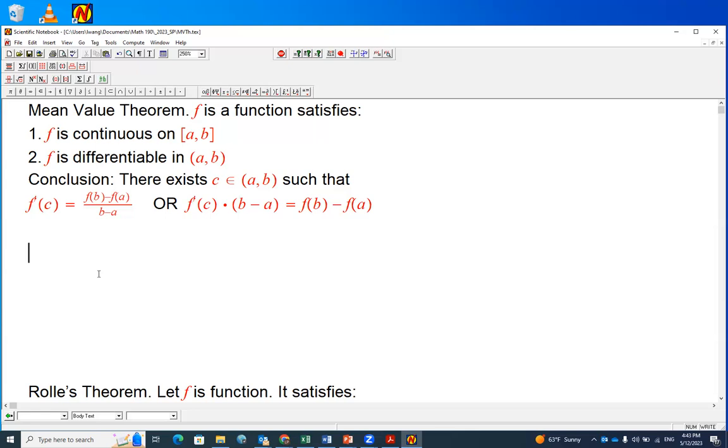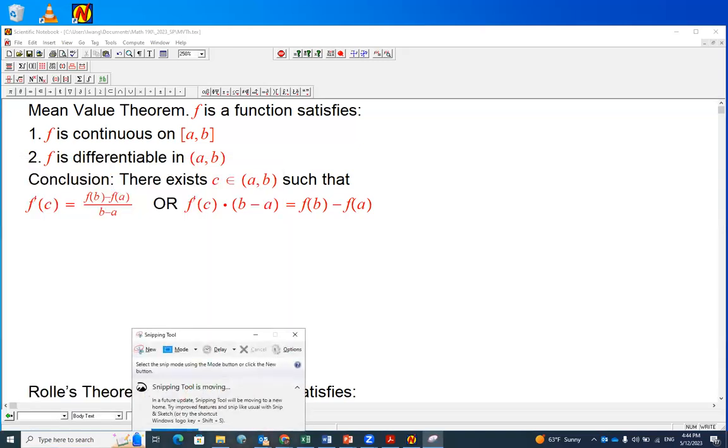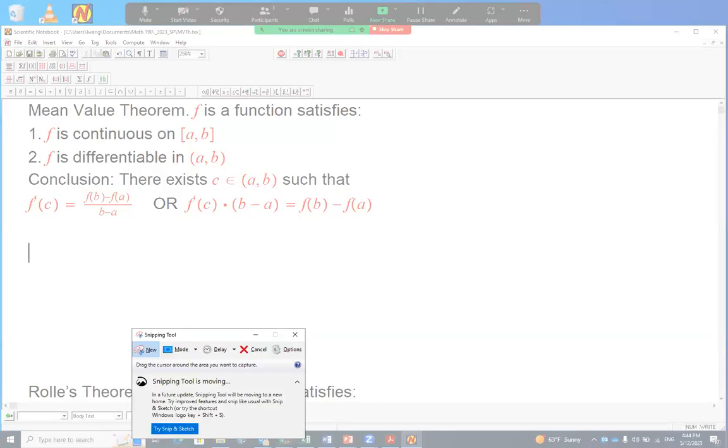Let's first illustrate what this means. Now, what is f of b minus f of a divided by b minus a? I'm going to use this picture to illustrate.